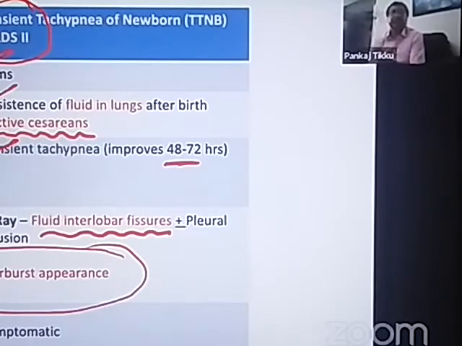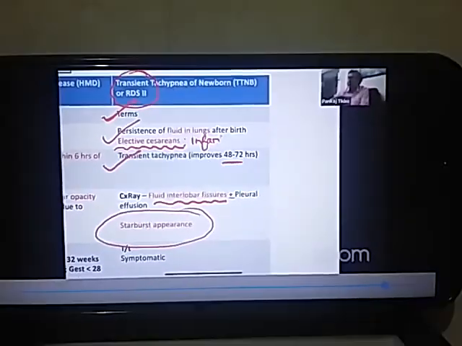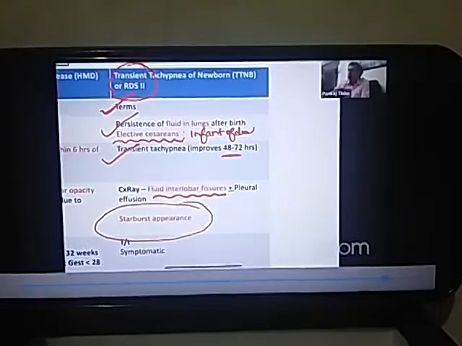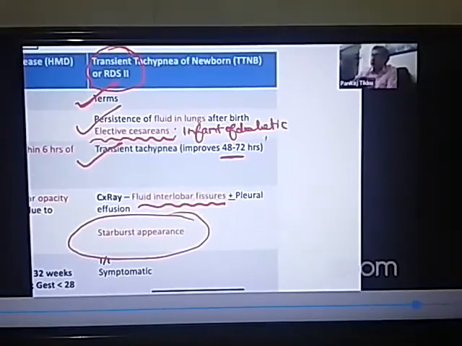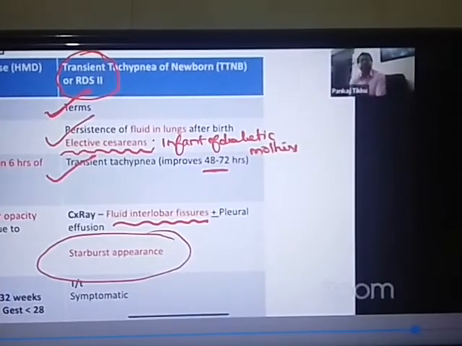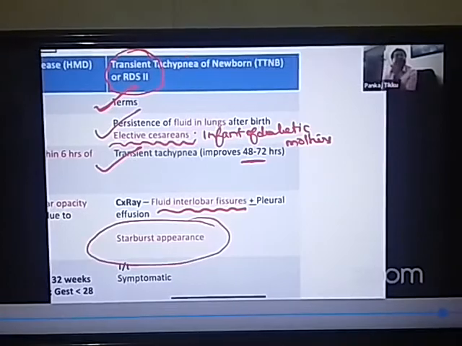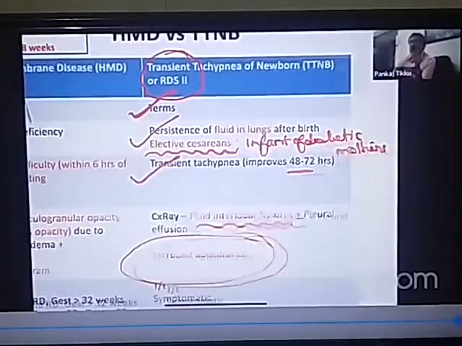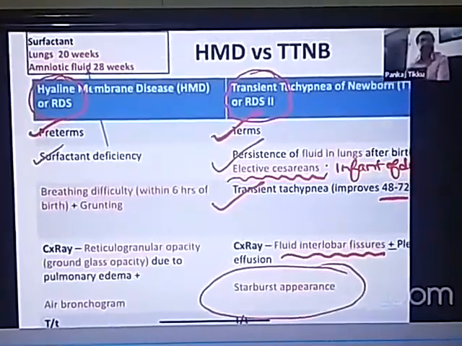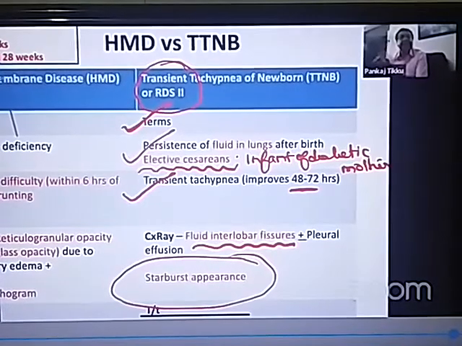So with this, we finish up neonatology. And let me tell you, apart from cesarean section, this is also known to commonly occur in infants of diabetic mothers. When I was telling you the complications of infants of diabetic mothers, I told you the mnemonic low cost MRP. R stands for respiratory distress. I told you both hyaline membrane disease and transient tachypnea of the newborn are seen in infants of diabetic mothers.